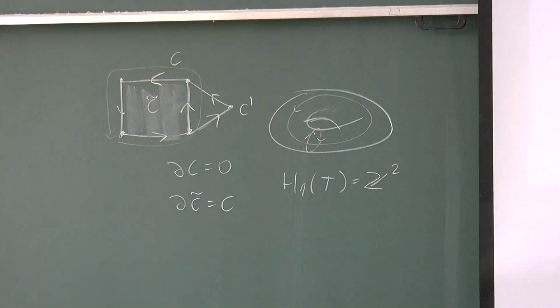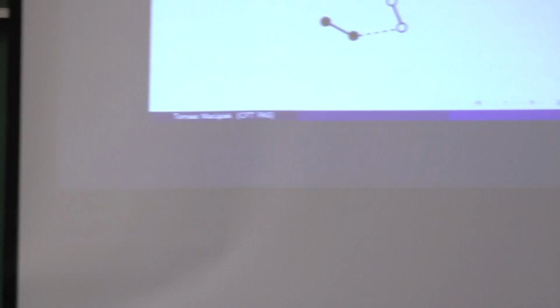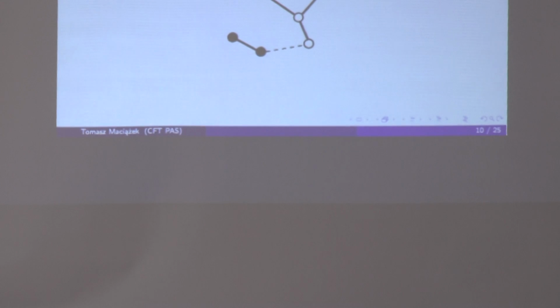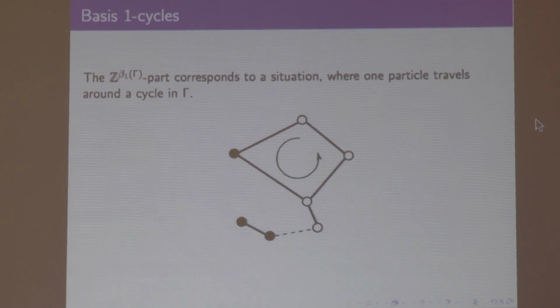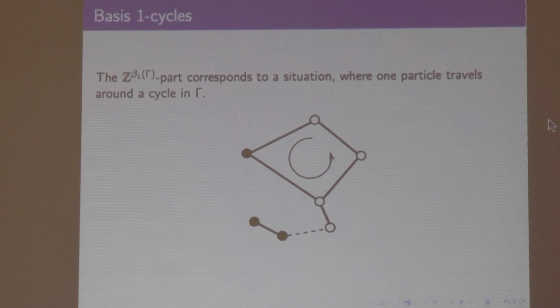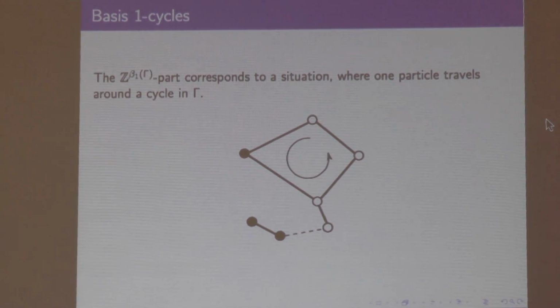But okay, for those graphs we have some nice description thanks to this topological theory of those complexes, and we know what is the basis of the cycles, of one cycles in this space.